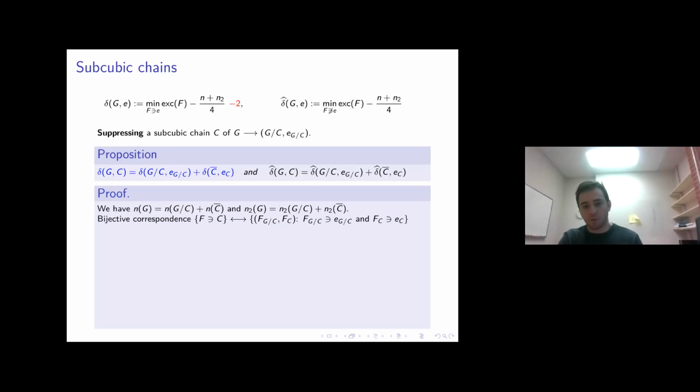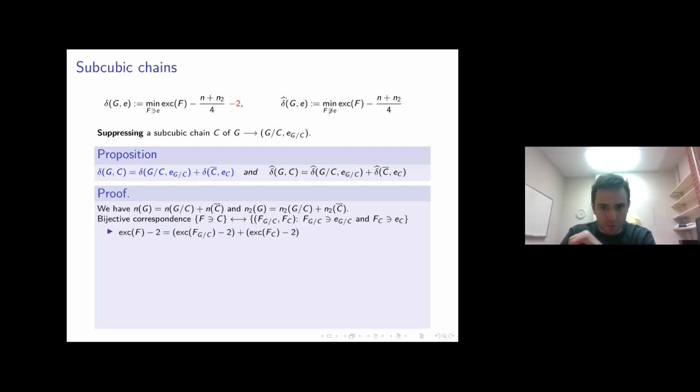And notice there's a bijective correspondence: for any spanning even cover that has a cycle that goes through C, there are corresponding spanning even covers of G suppressed C and the closure of the chain, such that they go through their respective edges. Basically you cut the chain and you cut the cycle going through the chain in two, and you get two cycles with their respective graphs.